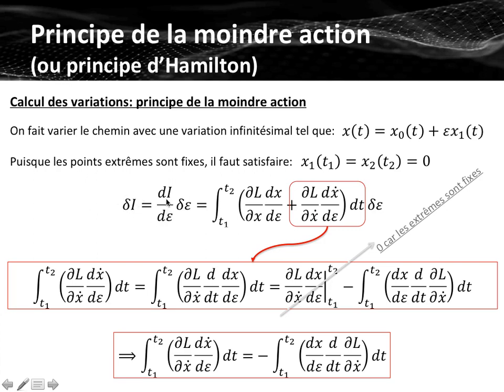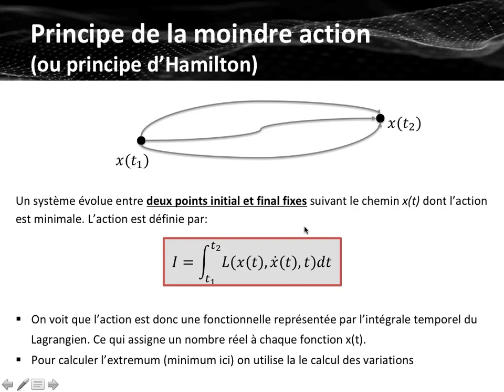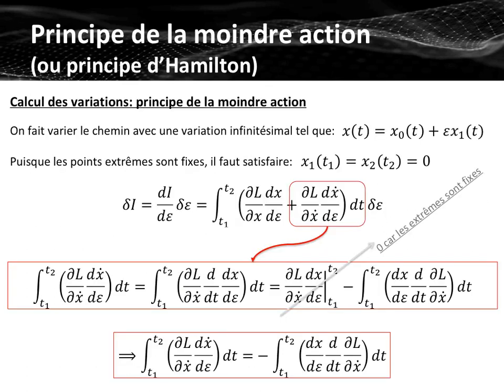Well, I will derivate I with respect to epsilon, delta epsilon. And here what we did is, if you go back to this expression, we took the partial derivatives of L with respect to x, with respect to x point, and time. Okay?